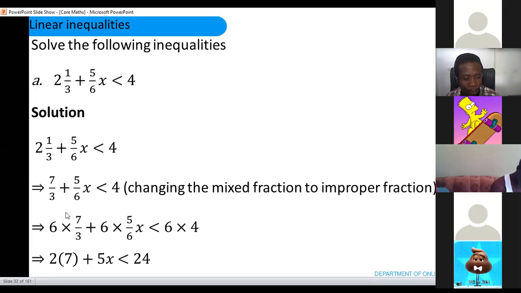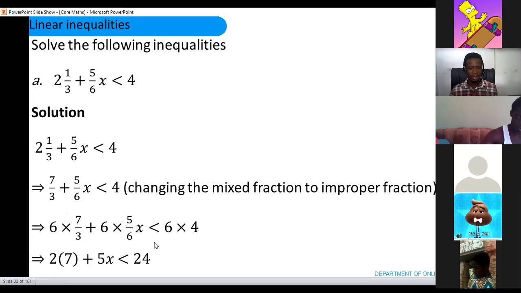So we multiply through everything by the least common multiple. So it will give us 6 times 7/3 plus 6 times 5/6x less than 6 times 4. Then when we simplify, we get 2 times 7 plus 5x less than 24.